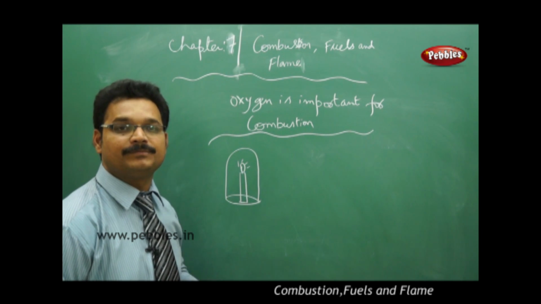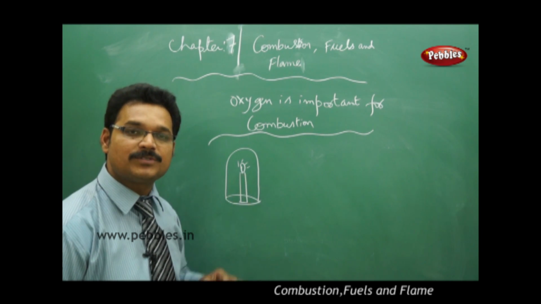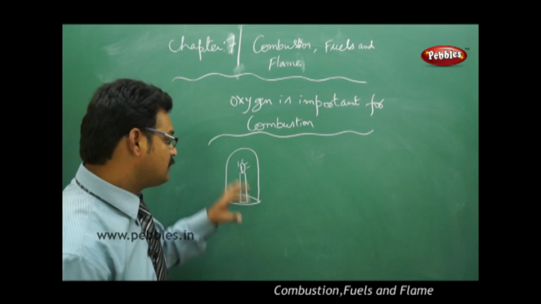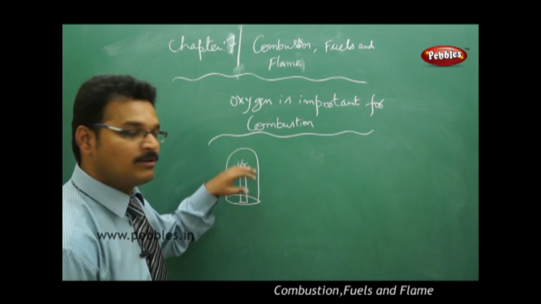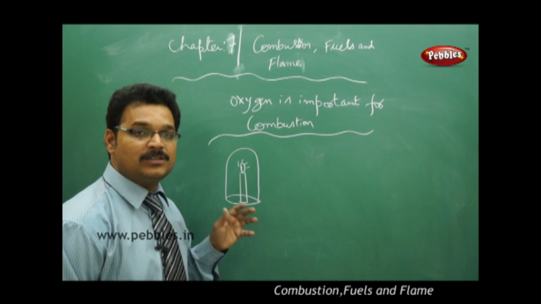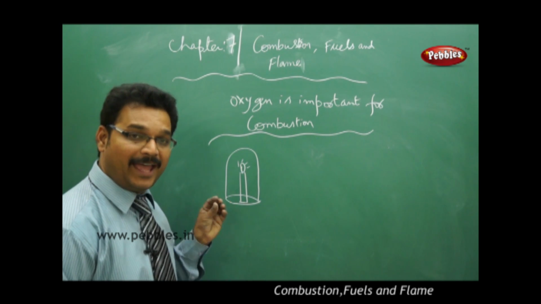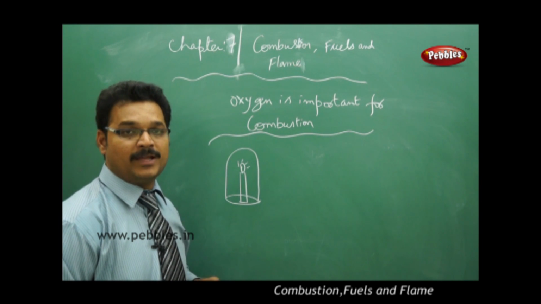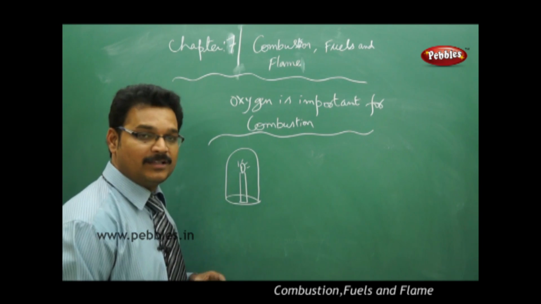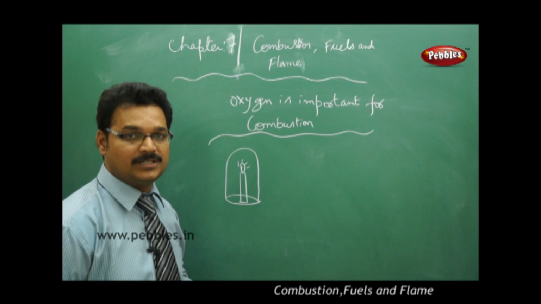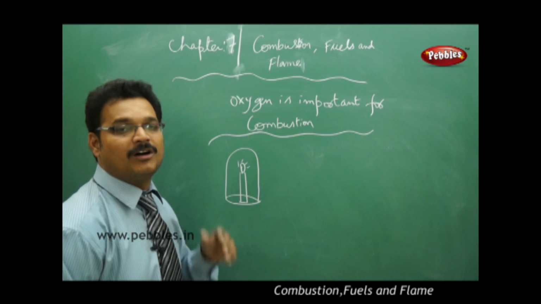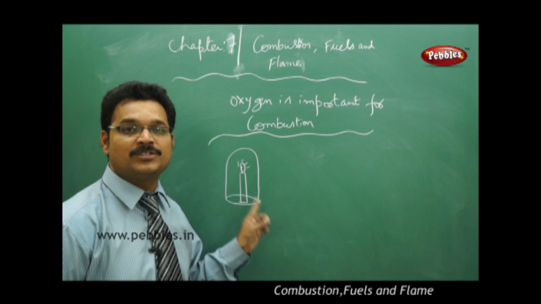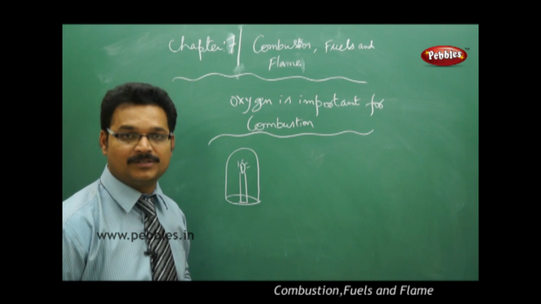There is no flame, no light inside. Why? Because when you keep the glass tumbler upside down over the candle, there is no possibility of air passing inside the tumbler. Because there is no air inside, there is no oxygen. When there is no oxygen, slowly the flame goes off. So this demonstration explains that oxygen is required for combustion.